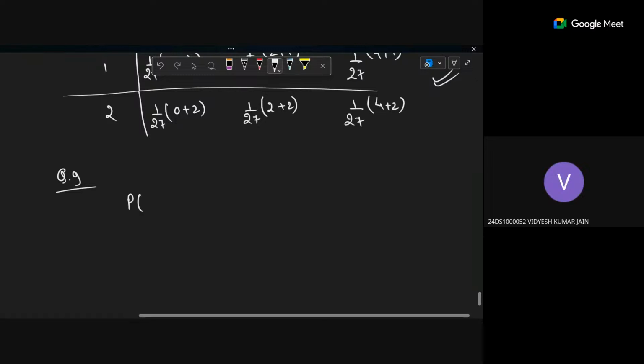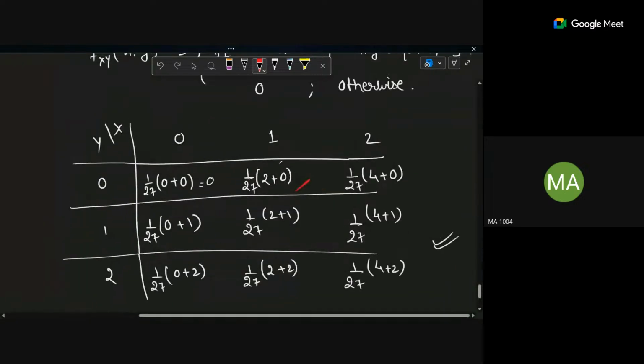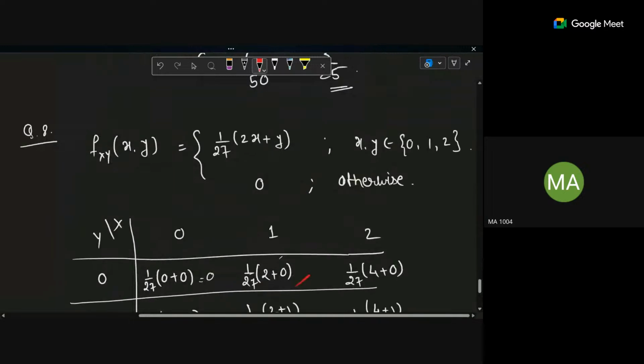Ma'am, 2 plus 2, no, in the solution. 2 plus 0, how did it come? In the 0 row, first of all. This one? x is equal to 1, y is equal to 2. Yes. Your x is 1 and y is 2, and the function for your PDF is 1 by 27 times 2x plus y. So 2, yeah, okay.